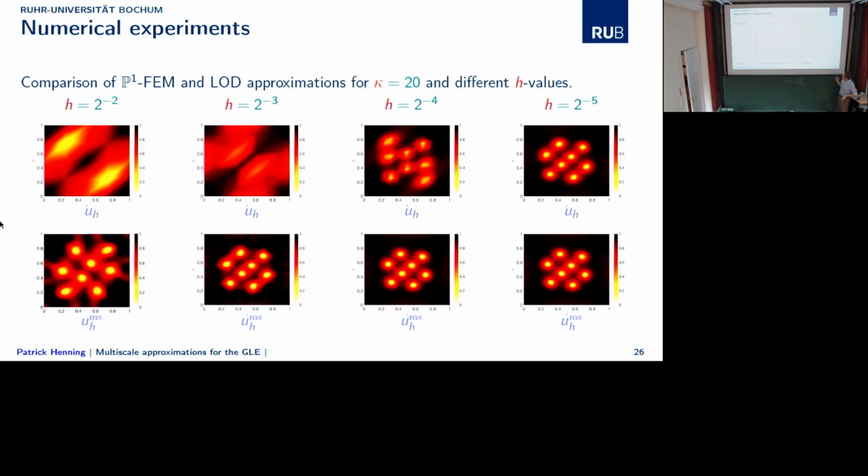And I think it gets even clearer if you have a visual comparison of the actual minimizers. So same mesh size, P1 finite elements, compared to the multiscale space. What you see is, at the beginning, your standard finite element approximations don't give any meaningful approximations. Only at this mesh resolution you start to see the correct vortex pattern. Whereas in the multiscale space, even for this mesh size, I think this is a 9-dimensional space, you already see the vortex pattern.